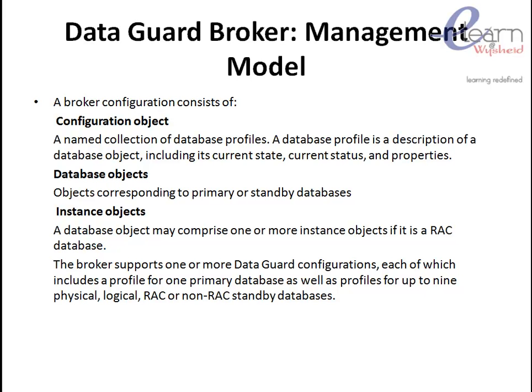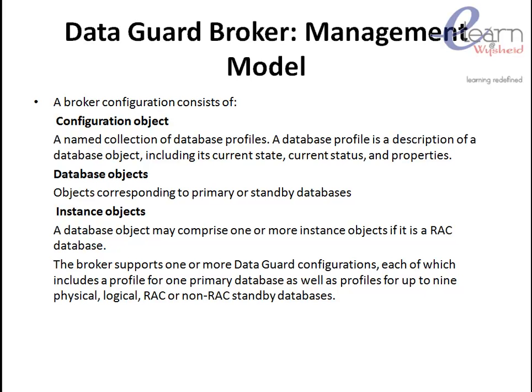And a configuration object will be created with one or more database objects and one or more instance objects. Assuming a single instance database with one primary database and one standby database, in a Data Guard broker configuration we can have only one primary database. Say the configuration object I'm giving is Wysheid_DG. So that is a configuration object.